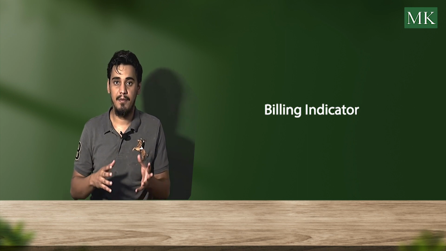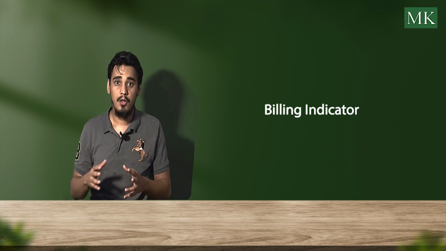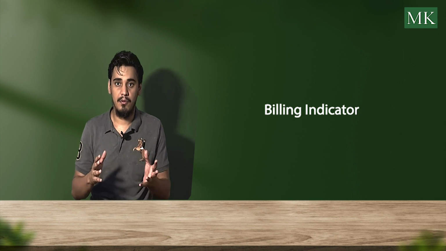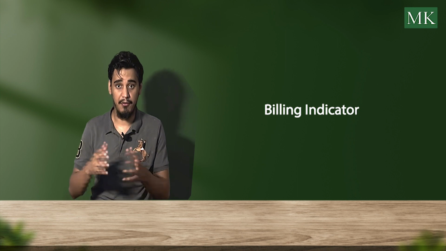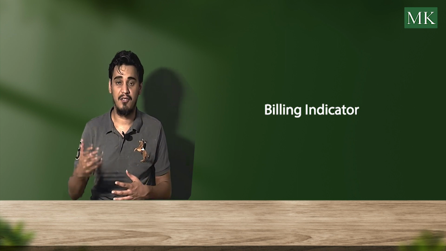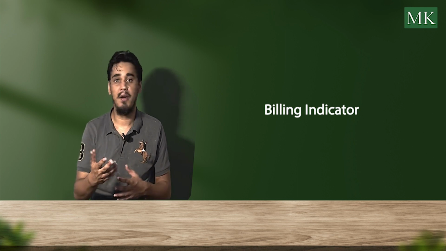We define the billing indicator in the SAP joint venture accounting configuration. There are standard or pre-configured billing indicators that are delivered by SAP when we activate joint venture accounting. But if you want, you can customize the billing indicators as per your requirement or need.